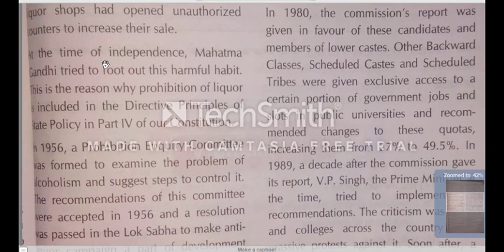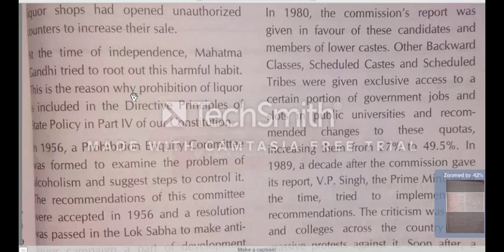At the time of independence, Mahatma Gandhi tried to root out this harmful habit. He was trying to remove this bad habit from the people. Root out means दूर करना this harmful habit.